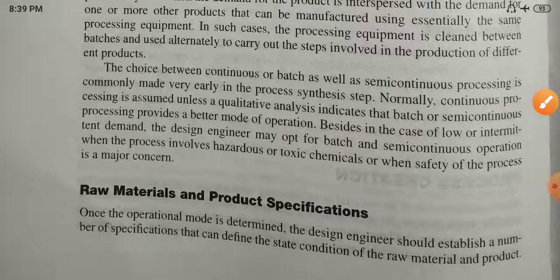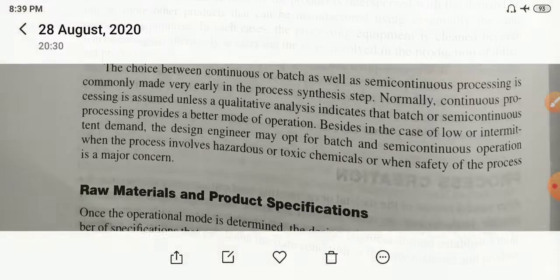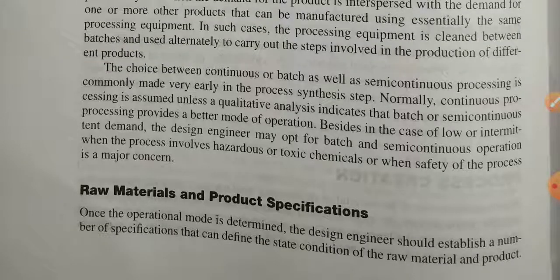The choice between continuous or batchwise operation, and these processes as well as semi-continuous processing, is commonly made very early in the process synthesis step. Normally continuous processing is assumed unless a qualitative analysis indicates that batch or semi-continuous processing provides a better mode of operation.